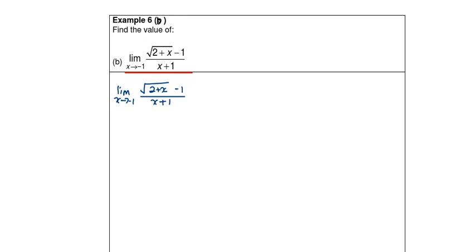Substitute x equal to -1 in this function. Equal to square root 2 plus -1 minus 1 over -1 plus 1, equal to 1 minus 1 over -1 plus 1.